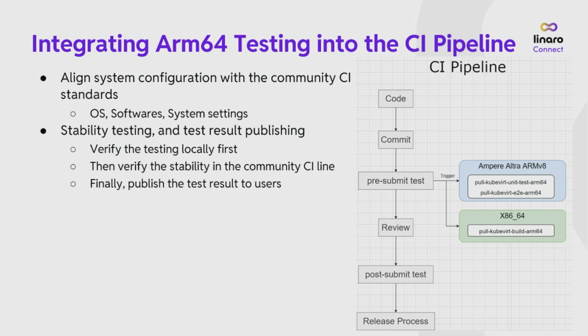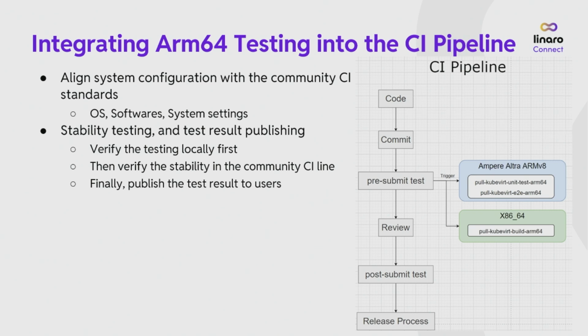So we follow four steps. Firstly, we verify if the test works well in our local machine, and then we create a periodical test and make it run for a few weeks to see if it is stable.